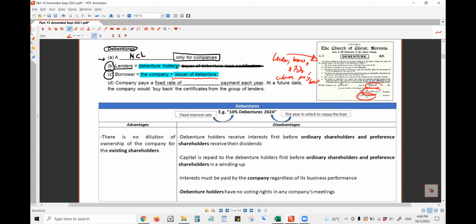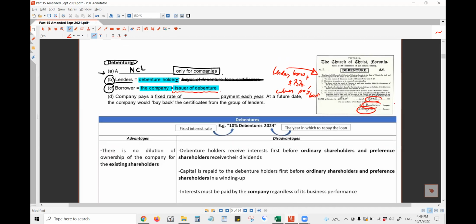This paper tells you who owes whom money, and when this would be paid back. It's like evidence of the existence of the debt. But don't worry, they will not ask you to draw this debenture diagram. It's just to show you in real life what it looks like.